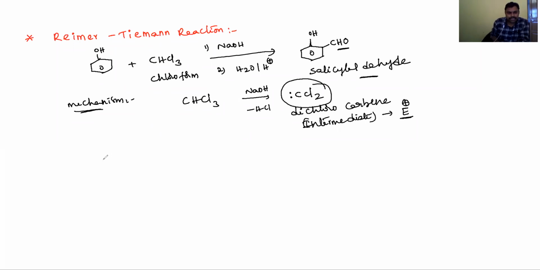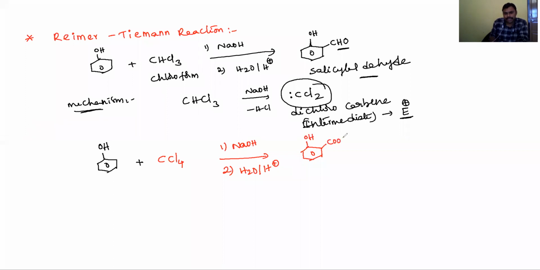Next, another application, which also belongs to the Reimer-Tiemann reaction: instead of chloroform, phenol reacts with carbon tetrachloride in the presence of NaOH, followed by hydrolysis in acidic medium. What will we get, dear students? Orthohydroxy benzoic acid, that is, salicylic acid.